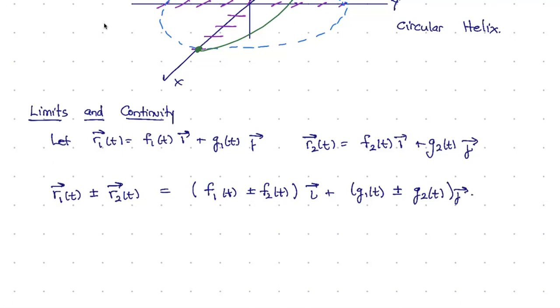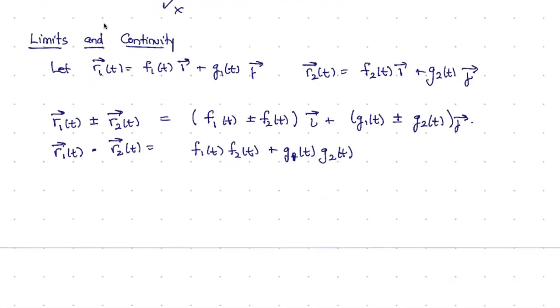You could take dot products of the two, in which case you would get f1 of t f2 of t plus g1 of t g2 of t. Cross products likewise could also be taken of these, as well as scalar multiplication.